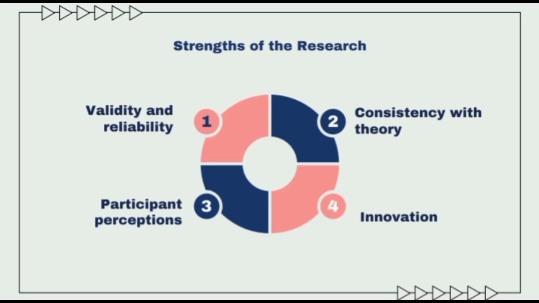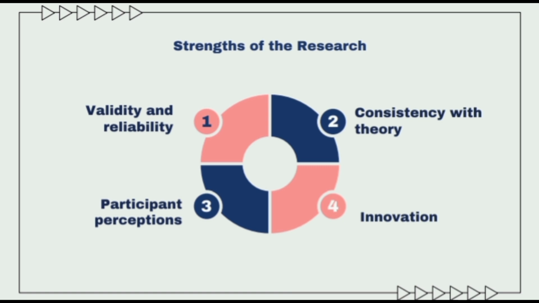Strength of the research. Validity and reliability. The teaching aids and laboratory tools are proven to have high validity and reliability, which indicates the quality of the instrument for use in learning. Consistency with theory. The experimental result aligned with the Stefan-Boltzmann law demonstrates that the teaching aids can accurately represent physical phenomena.